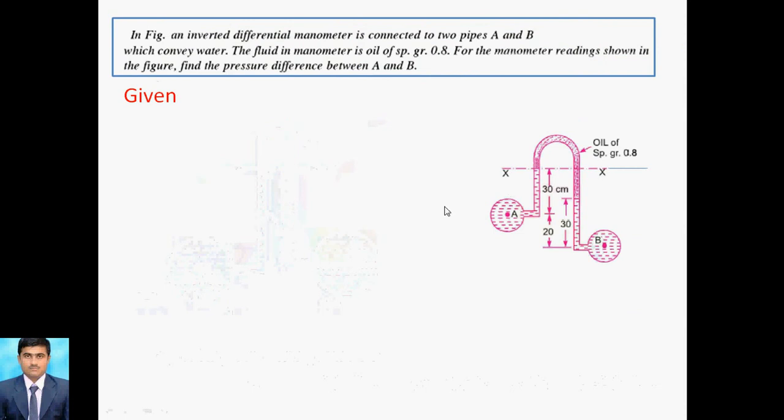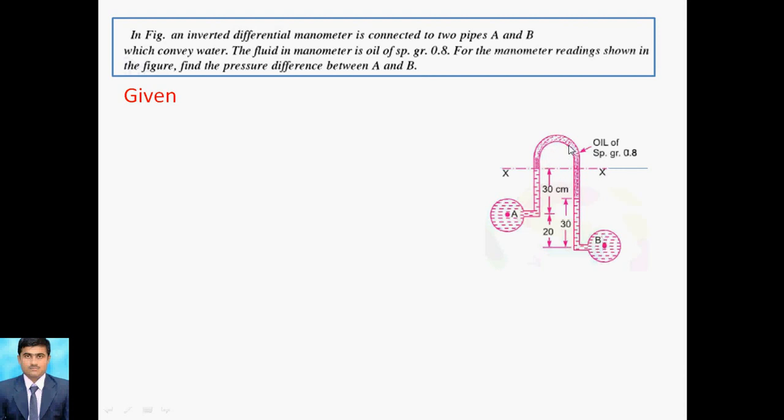Now we move to the problem statement for the inverted differential manometer. It is connected to two points A and B like this, and then this height. First we calculate for h1, h2, and here the oil is 0.8. For pipe A the specific gravity is 0.8, and for B also specific gravity 0.8.